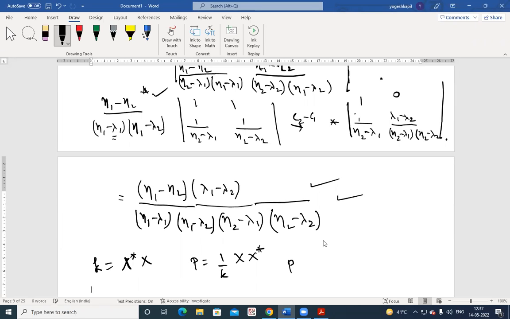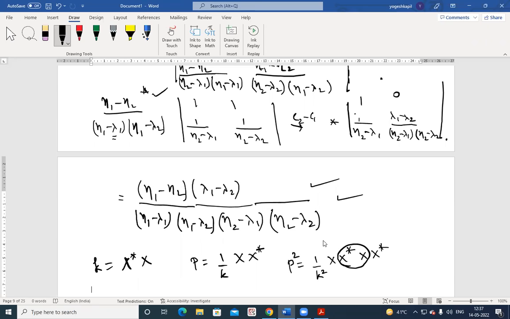P square is 1 by k square times x x star x x star. You see this x star x is k.